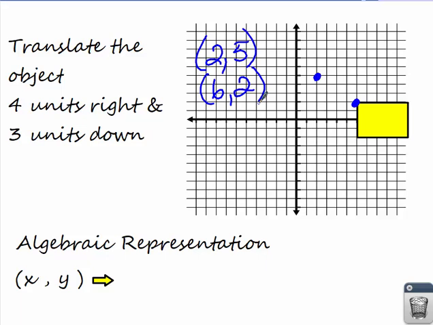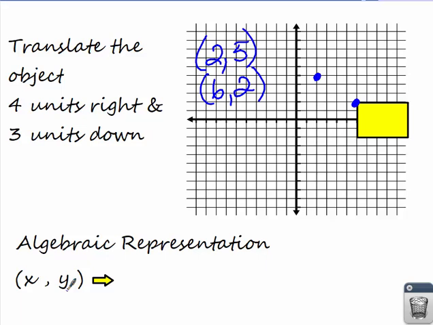Whenever we're looking at a translation like this, what I need to know is what happened to that point. Because what we have to do in 8th grade is write this as an algebraic representation. So we're going to look at this original point, and we will call that original point X and Y. That X and Y does not mean that the X is positive and the Y is positive. It could be negative depending upon where the original shape began.